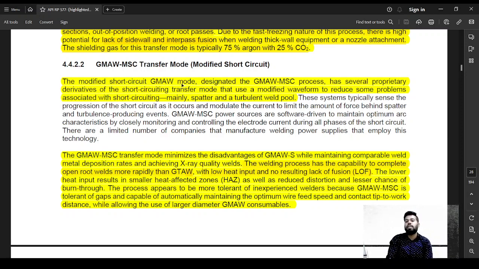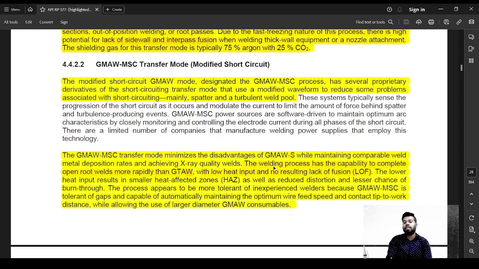The modified short circuiting GMAW mode, designated as GMAW-MSC, has several proprietary derivatives from the short circuiting transfer mode that use a waveform to reduce some problems associated with short circuiting, mainly spatter, turbulent flow, and weld pool. The GMAW-MSC mode minimizes the disadvantages of GMAW-S, that is short circuiting, while maintaining comparable weld metal deposition rates and achieving X-ray quality welds.